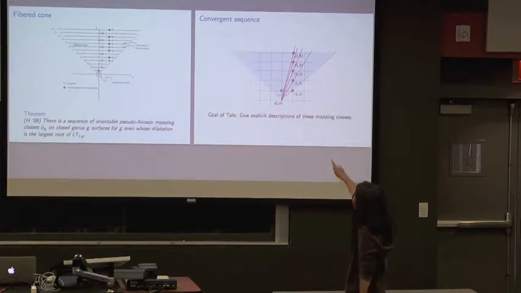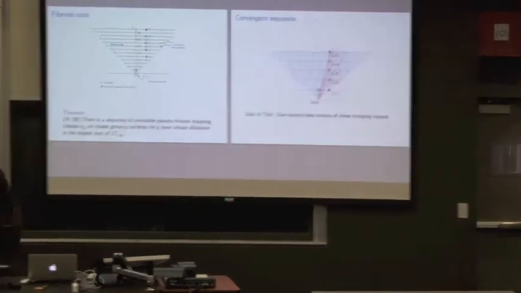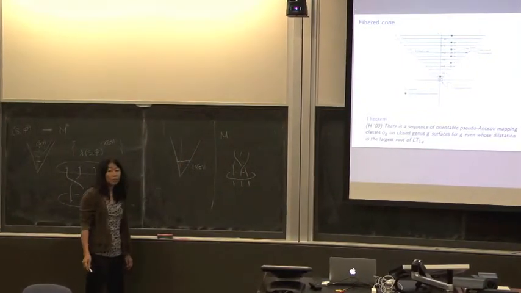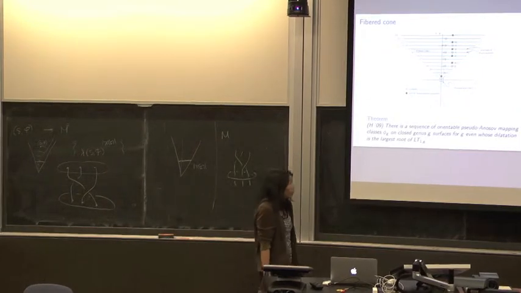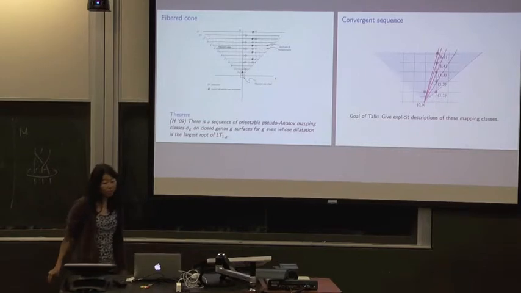If you take this sequence, 1, 1 is on the boundary, so it's not fibered, but 1, 2, 1, 3, 1, 4, 1, 5 correspond to points on the fibered face, which converge to the thing that gave you gamma to the fourth. So the normalized dilatations are close to being gamma to the fourth, but the genus is going up.